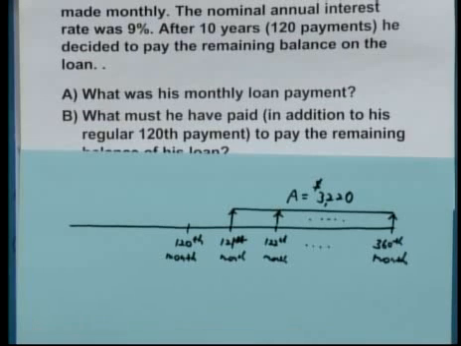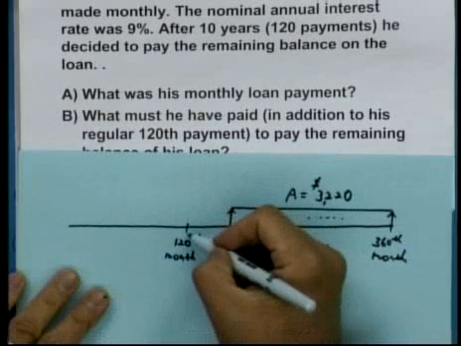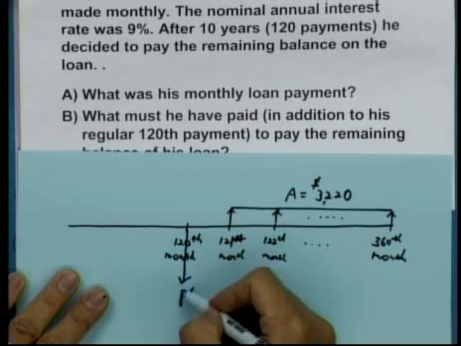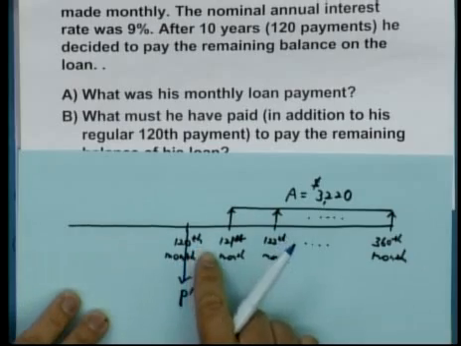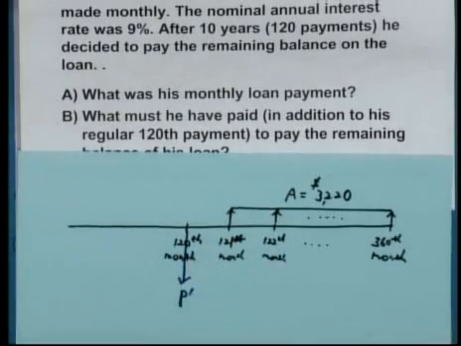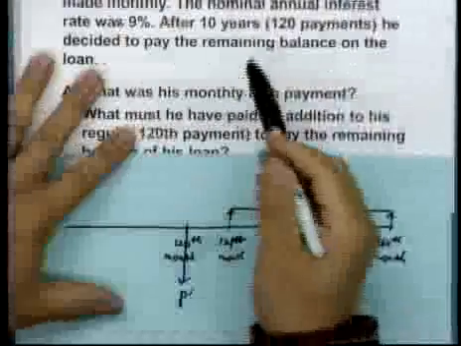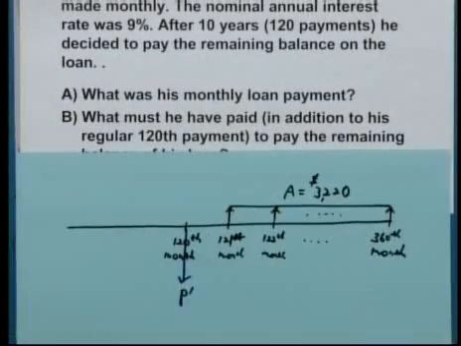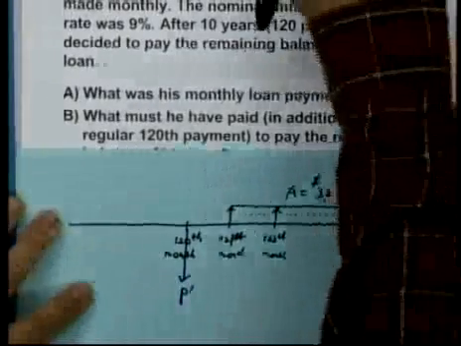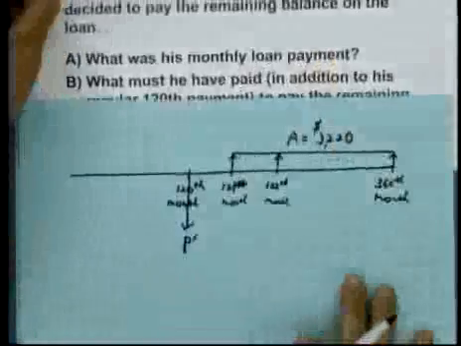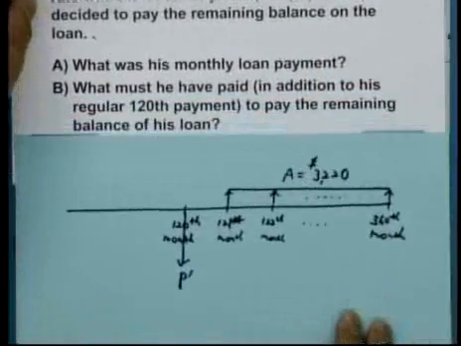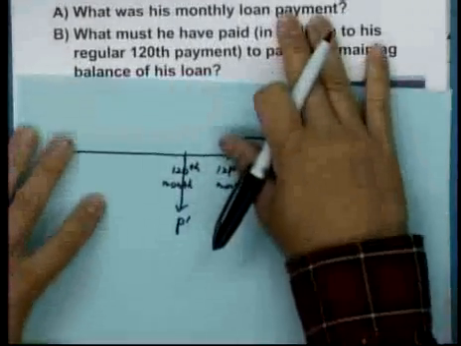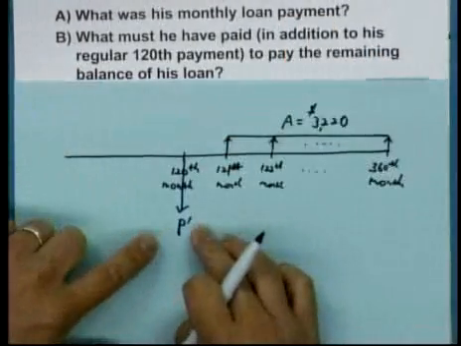And if we set, let's say, P prime here, after the 120th month, okay? After 120th payment, okay? So we said P prime is like this.